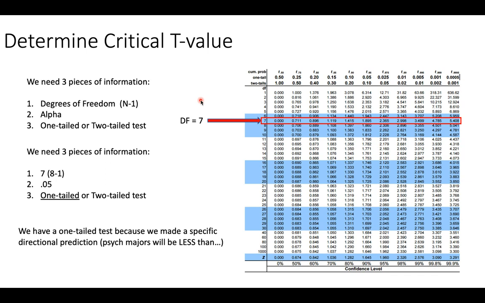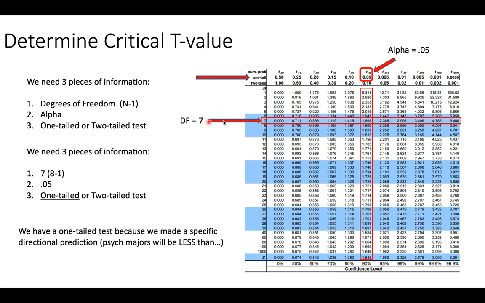We then need to apply our other 2 pieces of information. I have a one-tailed test, so I'm going to use this row that starts with 0.50. I'm going to use this row and then apply my alpha, which is 0.05, and I'm going to find my 0.05 alpha on that top row of one-tailed tests, which then tells me that I need to use this column.